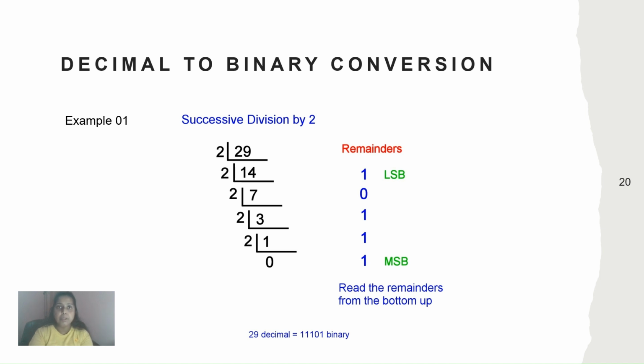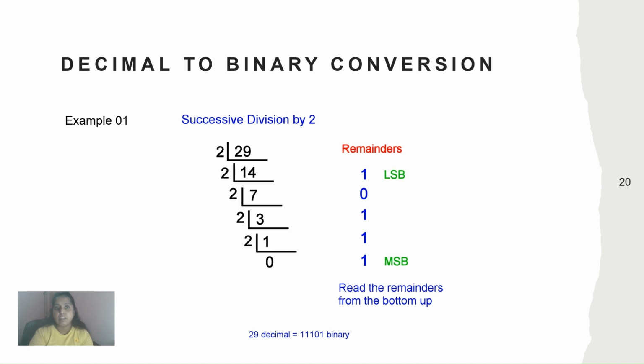Otherwise, you can divide number by number. 29, 2 divided by 2, 1. 9 divided by 2, 4, and remaining 1. That is totally fine. 14 divided by 2, 7, remaining 0. 7 divided by 2, 3, remaining 1. 3 divided by 2, 1, remaining 1. 1 divided by 2, 0, remaining 1.